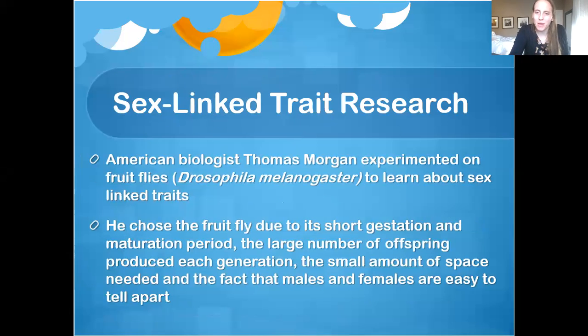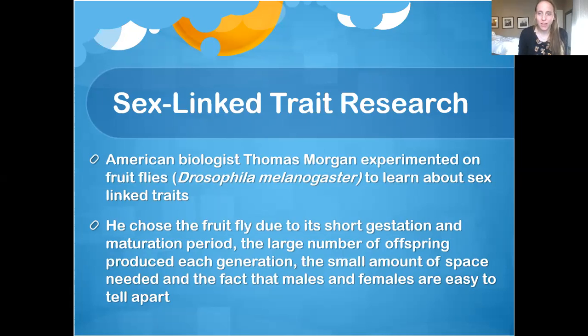We're now going to talk about Thomas Morgan, who was kind of the pioneer when it came to understanding sex-linked traits. Thomas Morgan was an American biologist who experimented on fruit flies to learn about sex-linked traits. He chose fruit flies because they have a really short gestation and maturation period, which means you can have a bunch of fruit flies born and they'll turn into adult fruit flies really quickly.